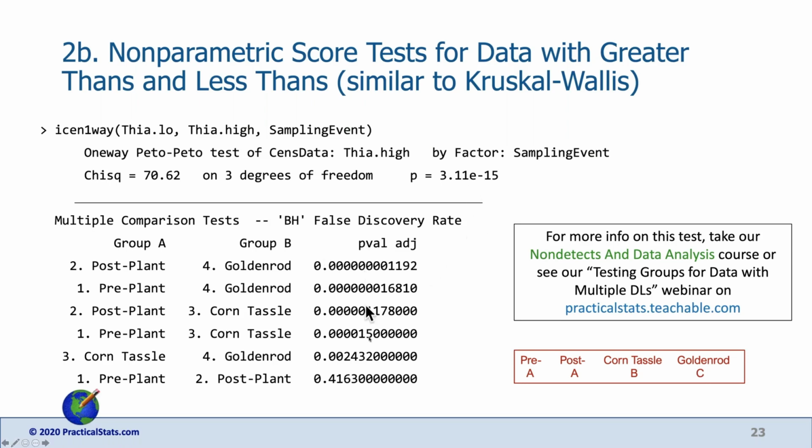And when you look at these multiple comparison tests, they are all different from one another except for groups 1 and 2. So if you put the A, B, C lettering convention down here, it would be that pre is the same as post. It's not significantly different than post. But then each of those is different than the corn tassel, and each of those is different than goldenrod, and corn tassel is different than goldenrod.